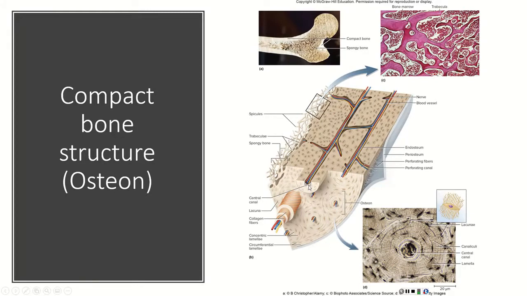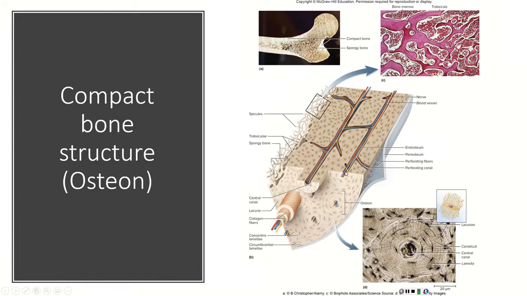Those vessels and nerves supply all of the cells of this one osteon. So this osteon, we can see the vessels for it. Here's the neighboring osteon, we can see the vessels for it.